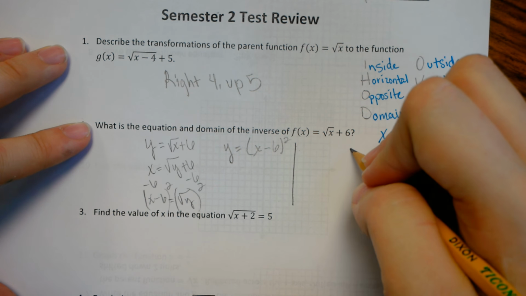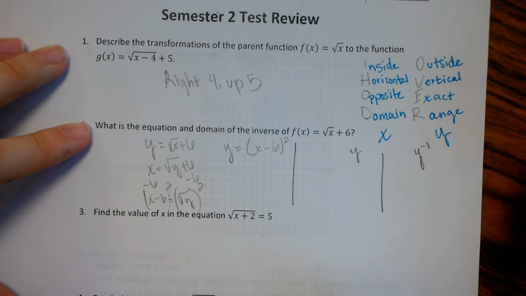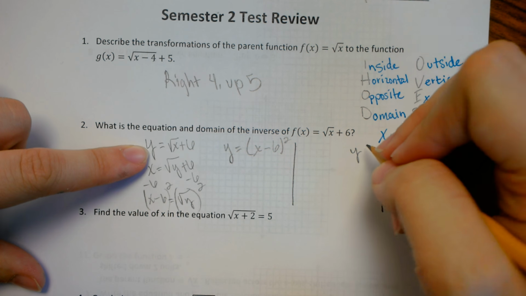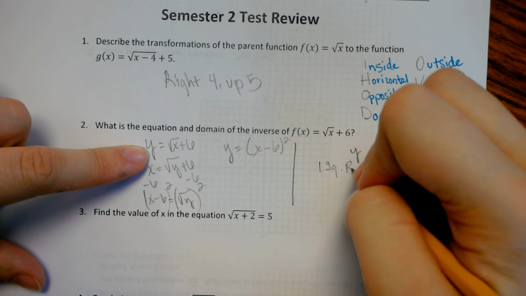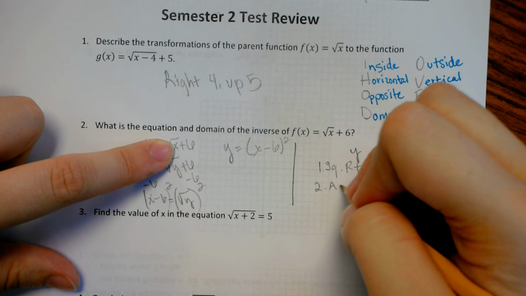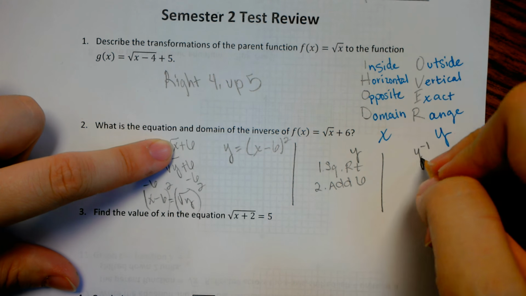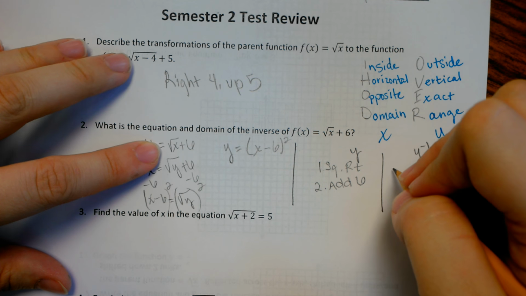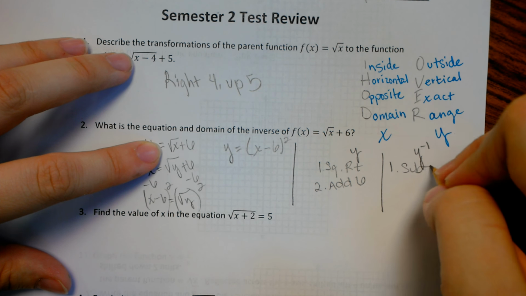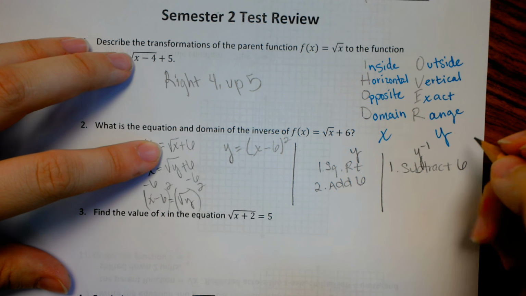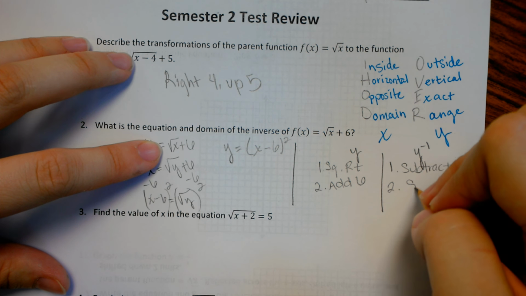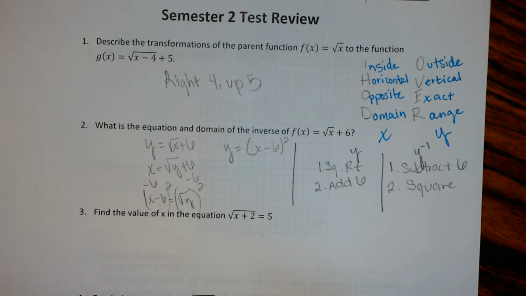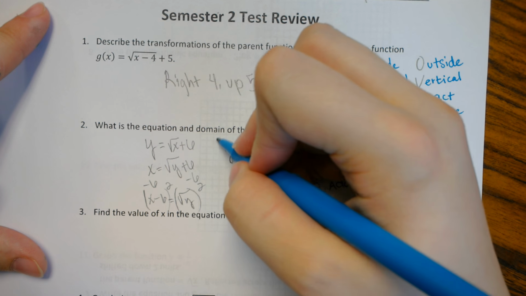Or I could look at y and then look at y inverse. So I'm looking at my original function. The first thing I did to x was take the square root. Then I added 6. So for the inverse, I'm going to look at that last step on y and do the opposite. So I'm going to subtract 6 and square. So that still looks like y equals x minus 6 squared.